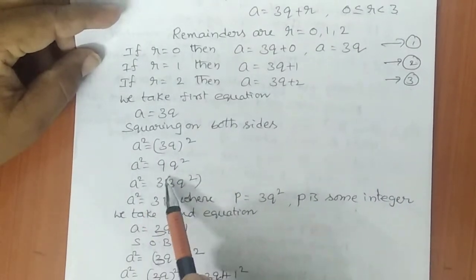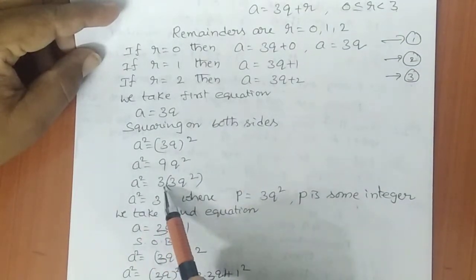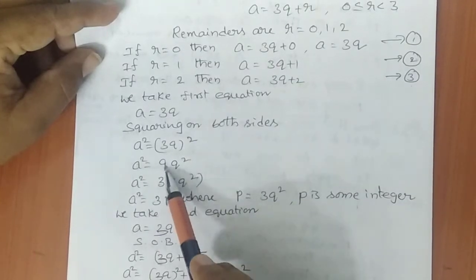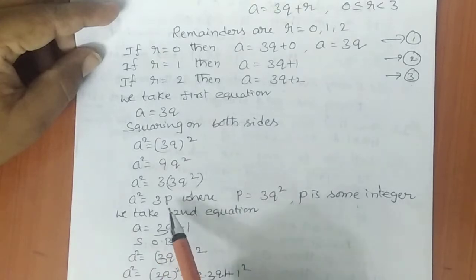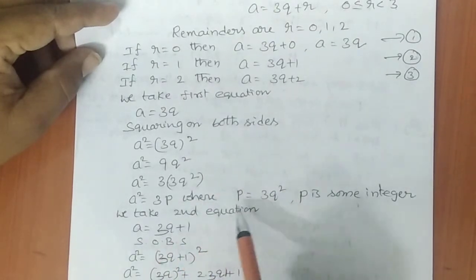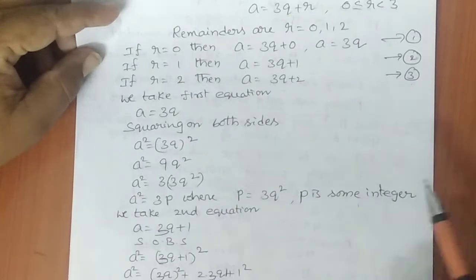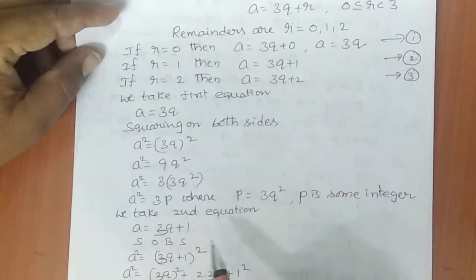So a square equal to 9q square. 3 is common, so 3 into 3q square. So a square equal to 3p, where p equal to 3q square. p is some integer.